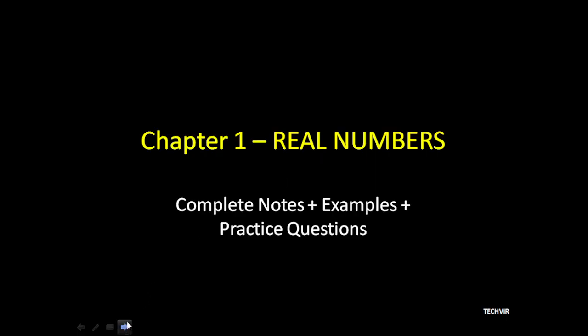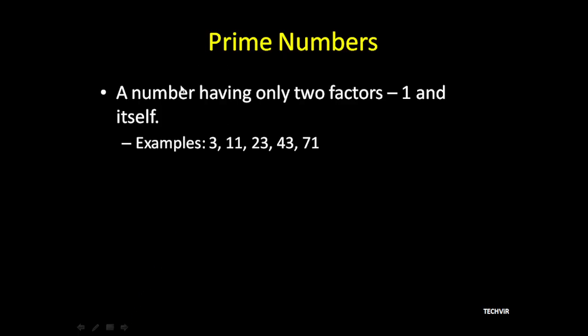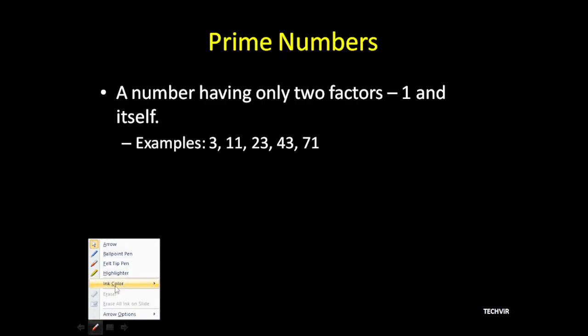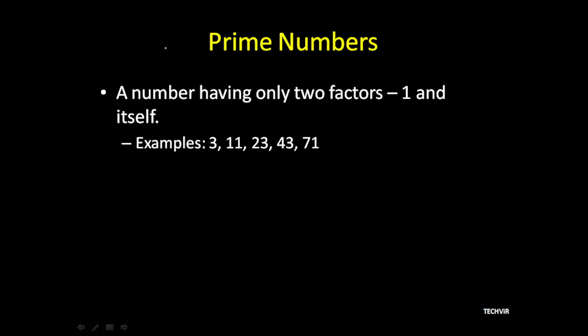What are real numbers, and what are the topics which we need to study in this chapter? It initiates with the topic prime numbers, right? I know everybody is aware of the topic prime numbers. What is a prime number? It is a number which is having only two factors, that is 1 and the number itself. For example, these are the numbers 3, 11.